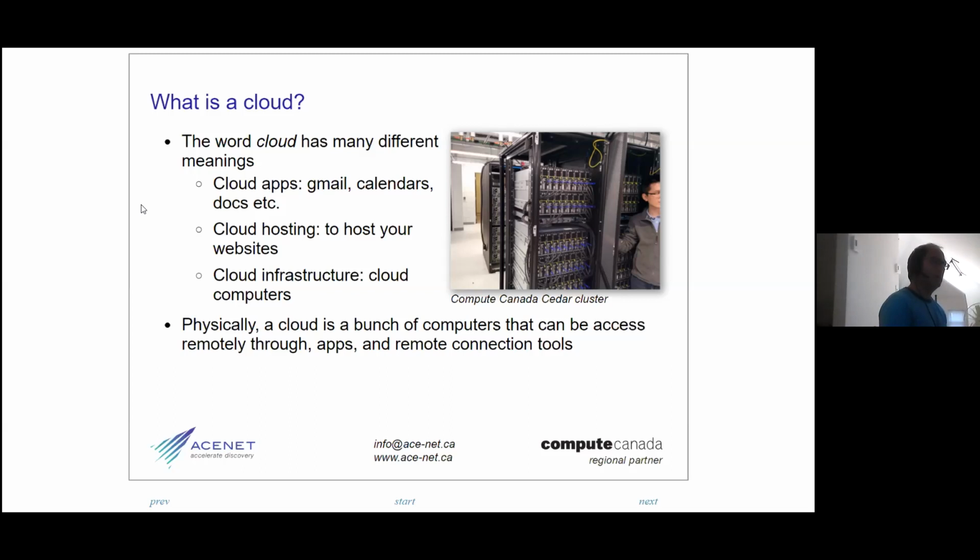But what is the cloud? Well, physically, it's a bunch of computers. I've got this picture on the right. This is actually our Cedar cluster, which has a cloud component. I don't know if those particular computers in that box on the right are the cloud computers or not, but they look very similar. I've been into the Arbutus data center, which is our main Compute cloud in Victoria, and their systems look very similar.